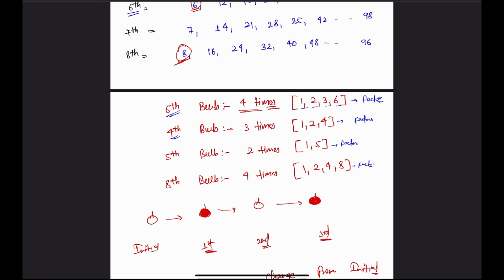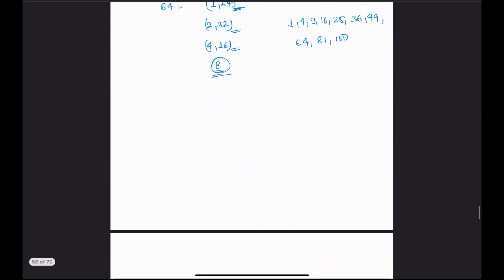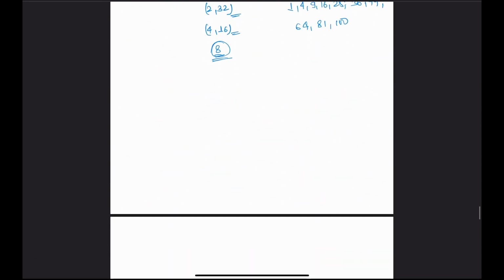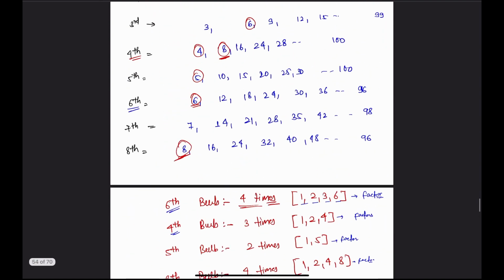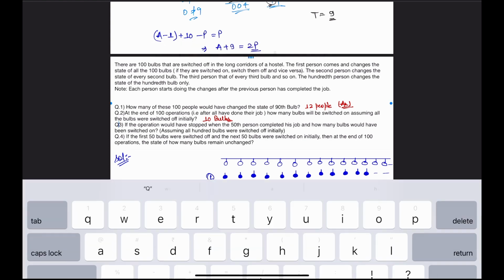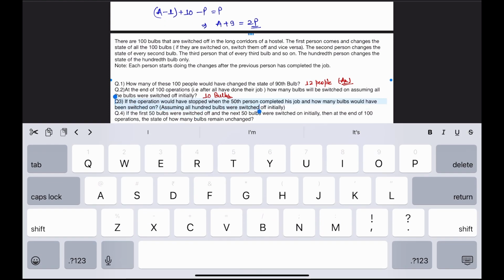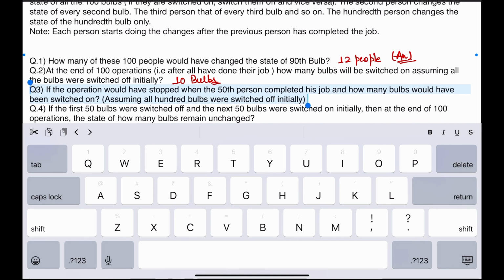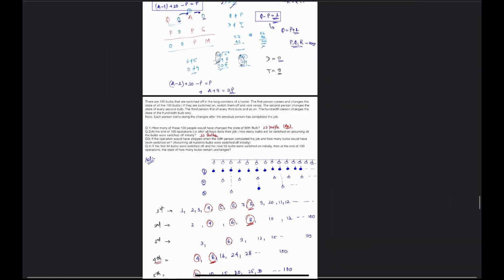So coming to the next question, the third one. I think it's better if I just bring the question over here now. Let's copy this question, because we have already understood the concepts.